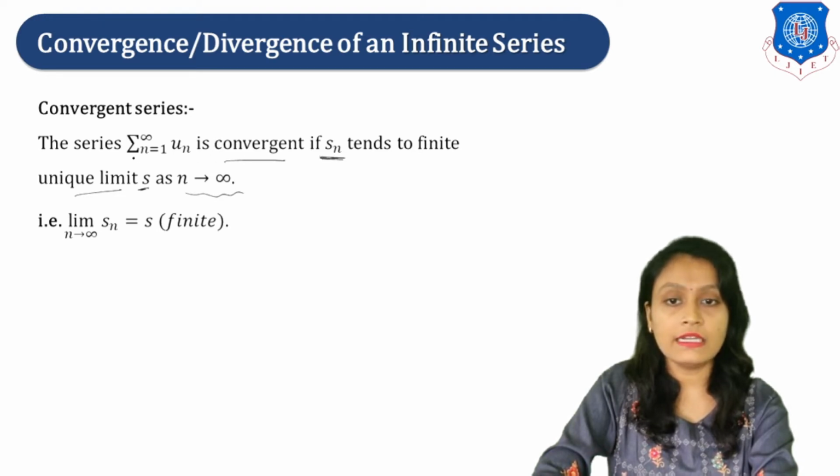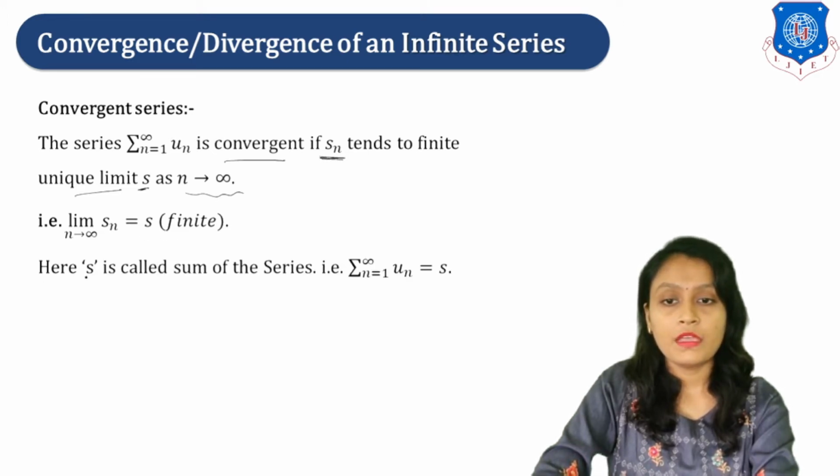Then we can say that this series un is a convergent series, and we denote it as limit n tends to infinity Sn equals S. This S is a finite term. Now S is called the sum of the series. We can write the series un equals S.